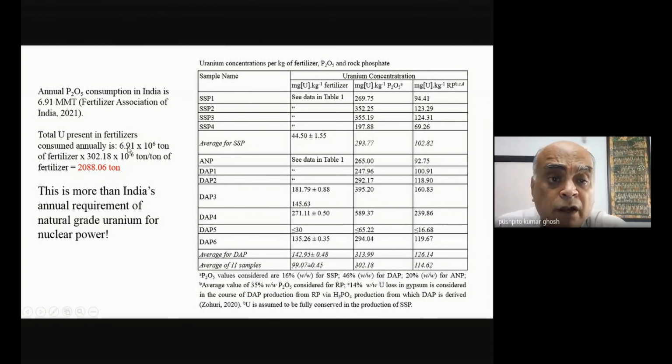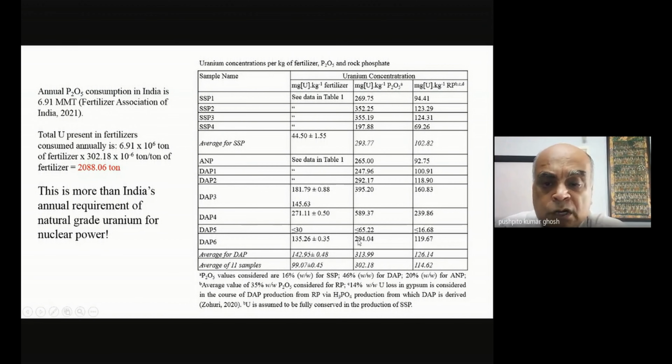Now, what is the consumption of fertilizer in India? This is the figure from, I think, this year, 2021. 6.9 million metric ton is P2O5, not the actual fertilizer. Actual fertilizer amount is much higher.